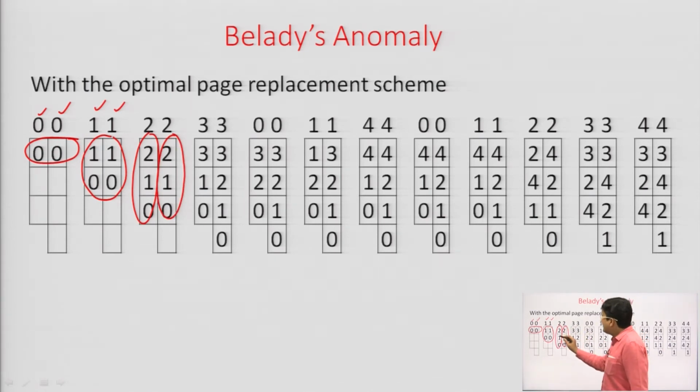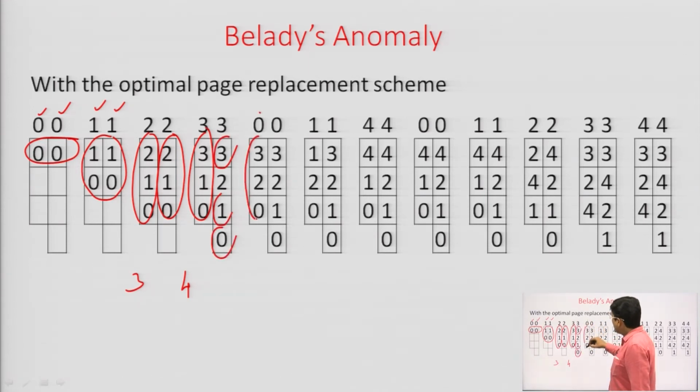So all the pages which were there in the scheme with 3 frames are present with 4 frames. Similarly, 3, 1, 0 is present here and 3, 1, 0 is present here also. 3, 2, 0 is present here and here as well. 1, 2, 0 is present here and here as well. 4, 1, 0 is present here and here also.